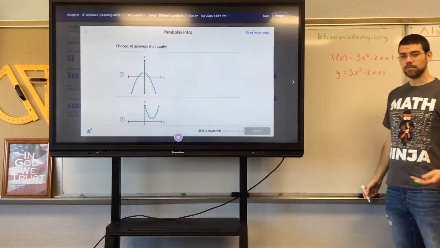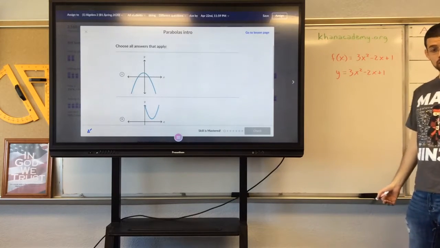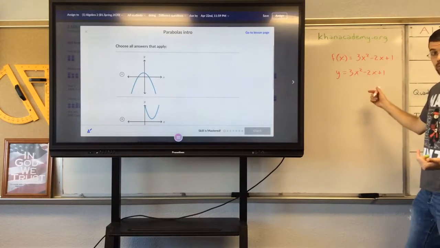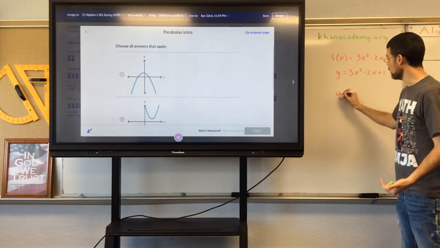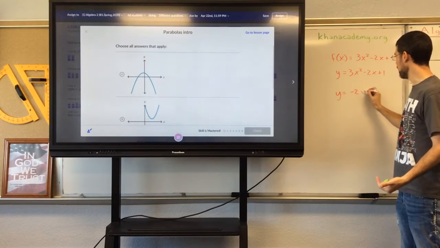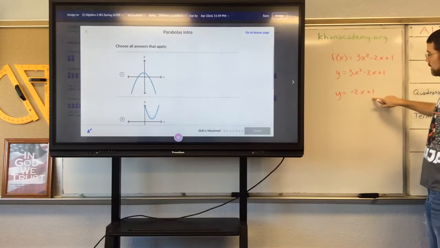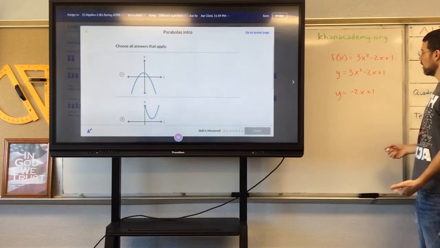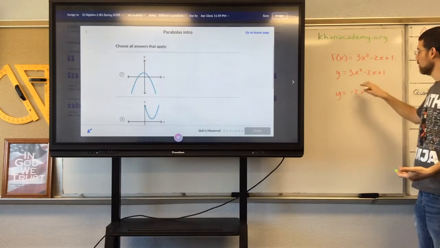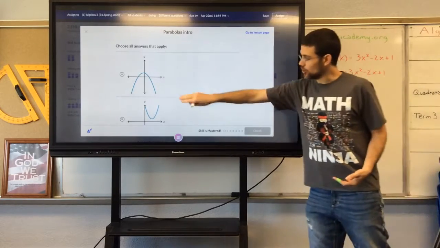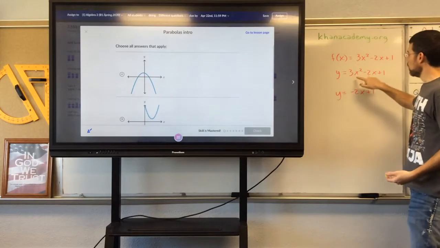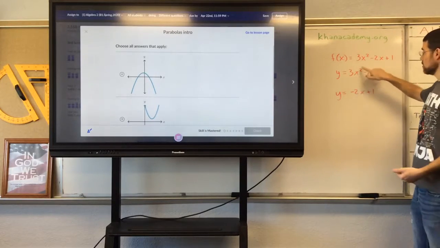You've seen in the past some linear functions. Here's a linear function, y equals negative 2x plus 1. This part is a linear part of the function. What makes the function curve is that the input x is getting squared.